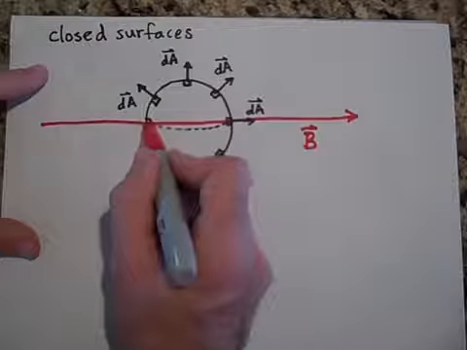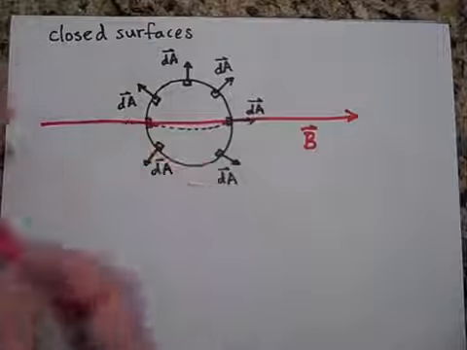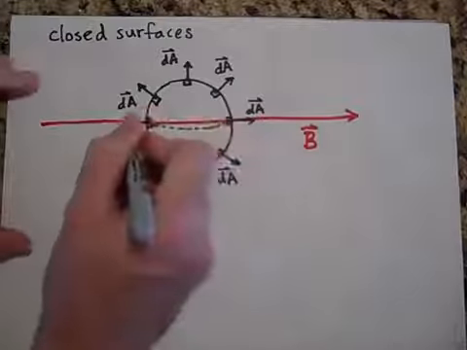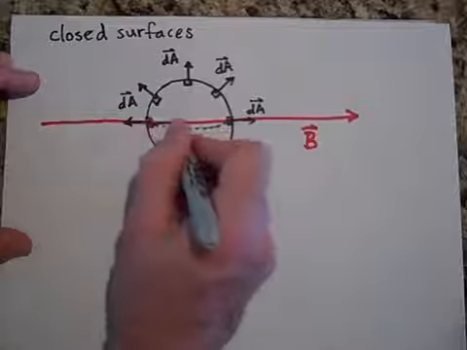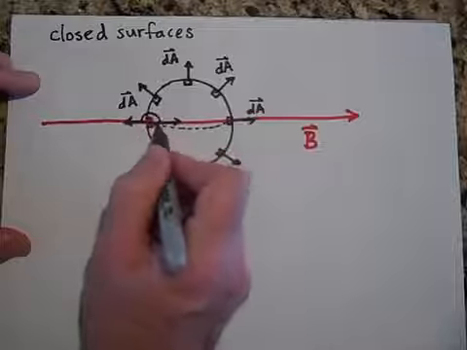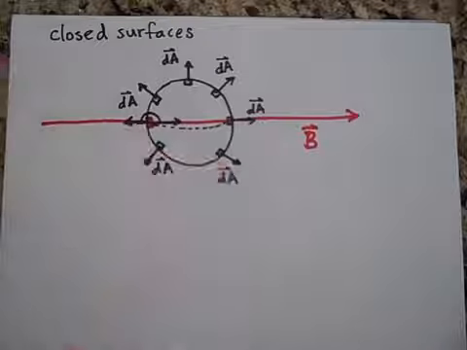But on this side, this one is going to give us a negative flux because the dA is this way, and the B is this way. And so when that's the case, the angle between B and dA is 180 degrees, and the cosine is going to be equal to -1.